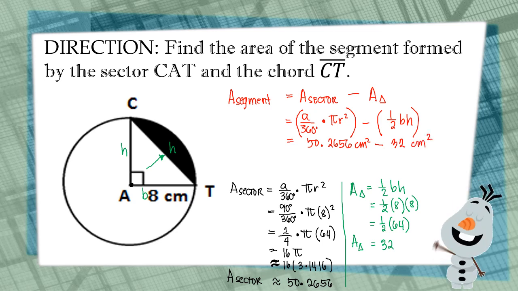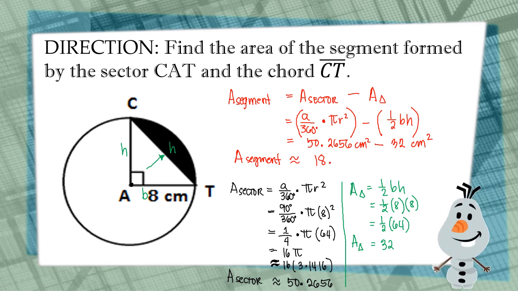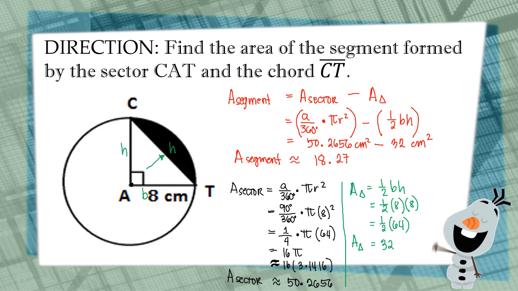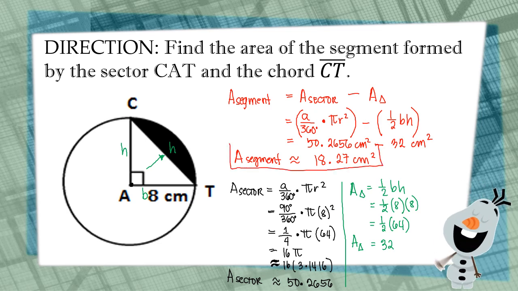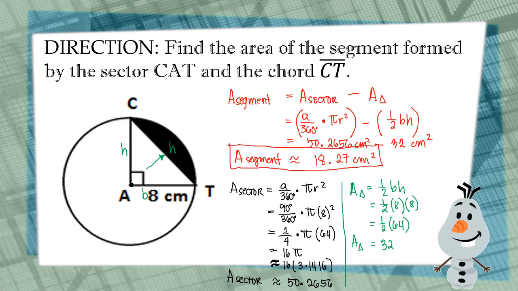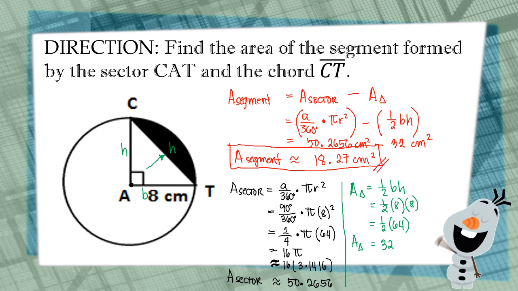Now let us subtract these two areas, and there we have the area of our segment is approximately equal to 18.27 centimeters squared, and we are done already. This is our final answer: the area of the segment is approximately equal to 18.27 centimeters squared.